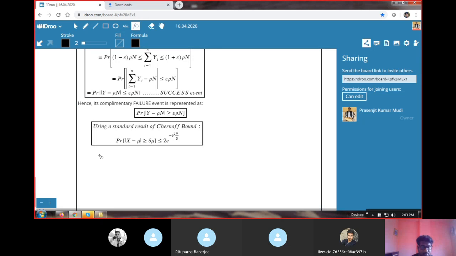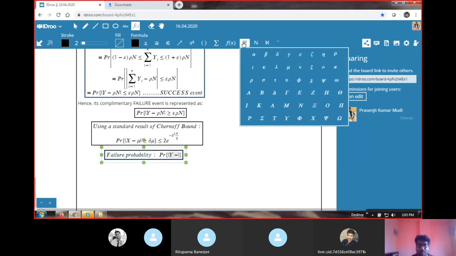So here we have the failure probability of an outcome, that is, the probability of mod of y minus rho n. Okay, very classical thing.